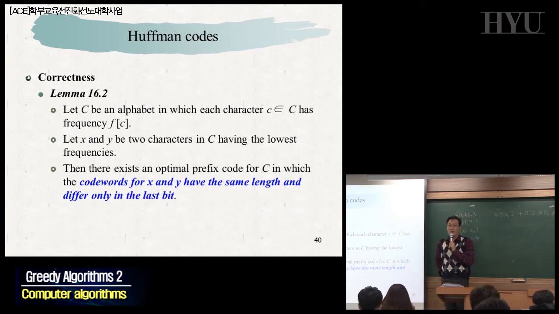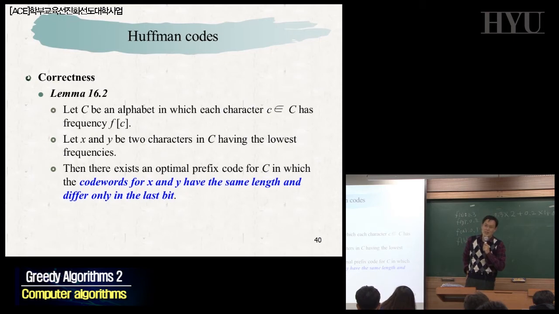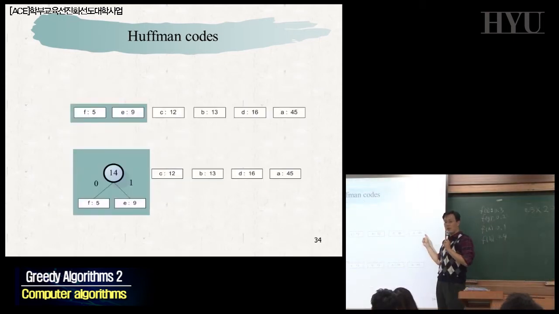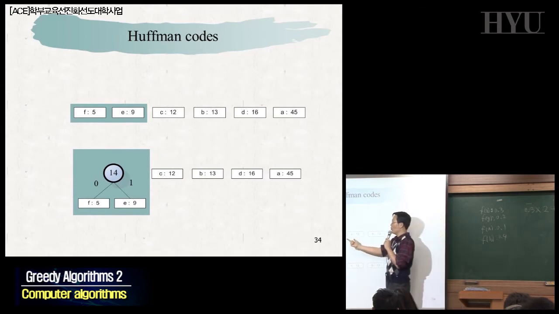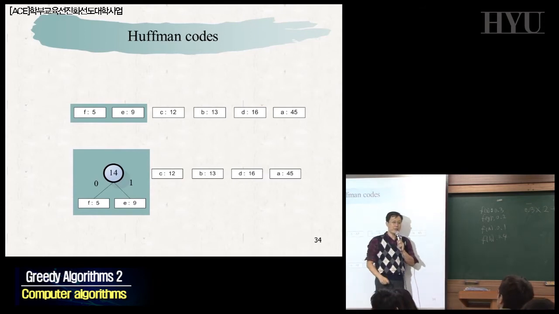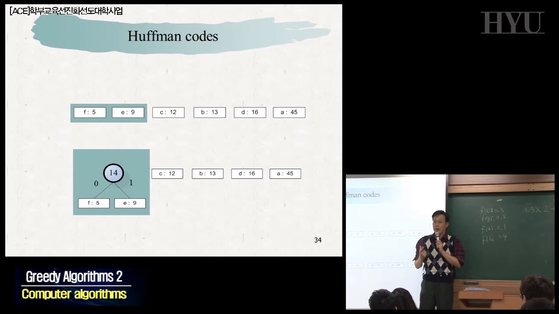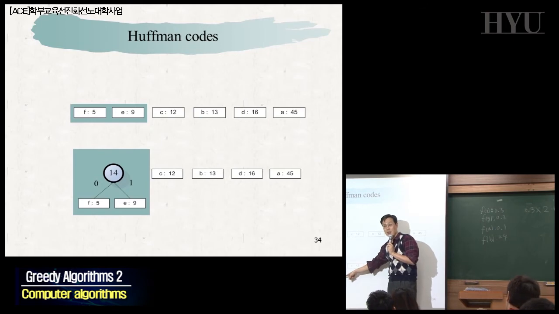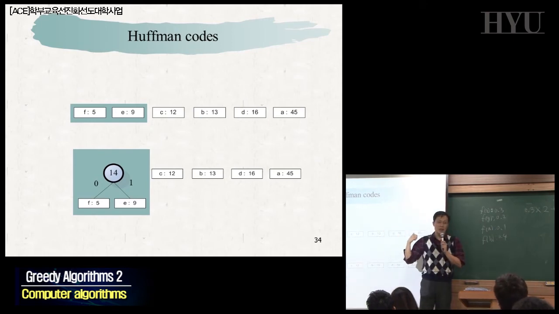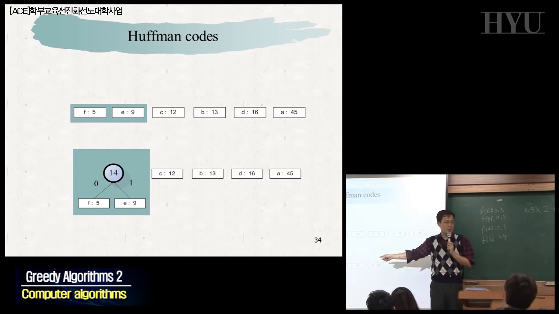For a couple of minutes, try to understand what this lemma claims. So first, we find 2 least frequent characters and then merge them such that they are siblings. The lemma justifies this. We can do this.